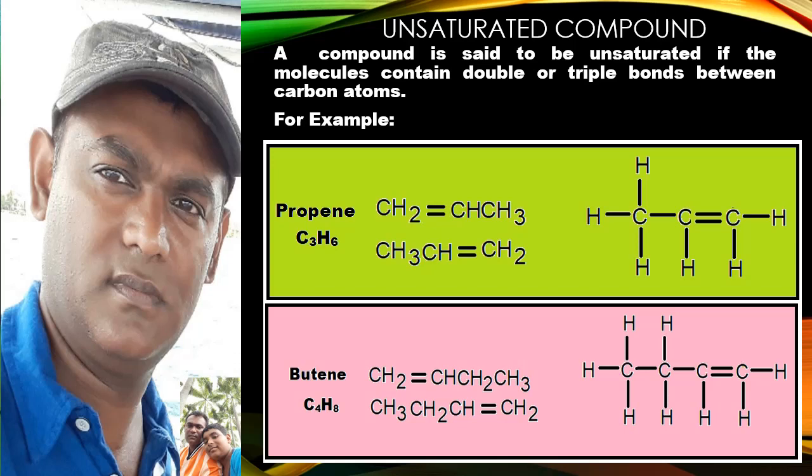Another example is butene from the same homologous series of alkene. Its formula is C4H8. It can be represented as CH2=CH-CH2-CH3, or CH3-CH2-CH=CH2. Both of them are the same.